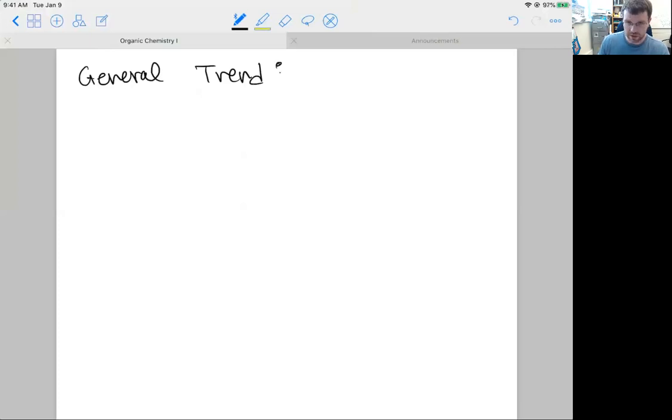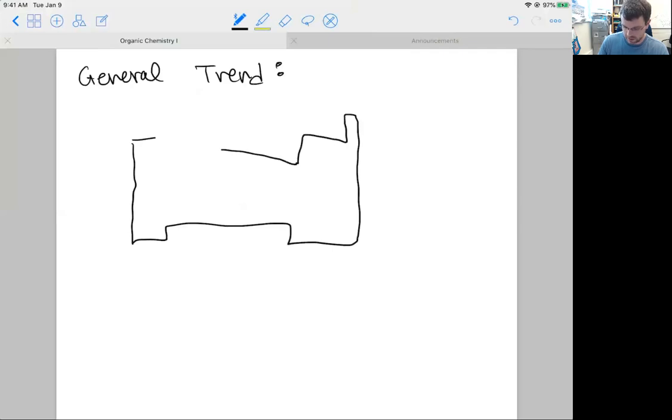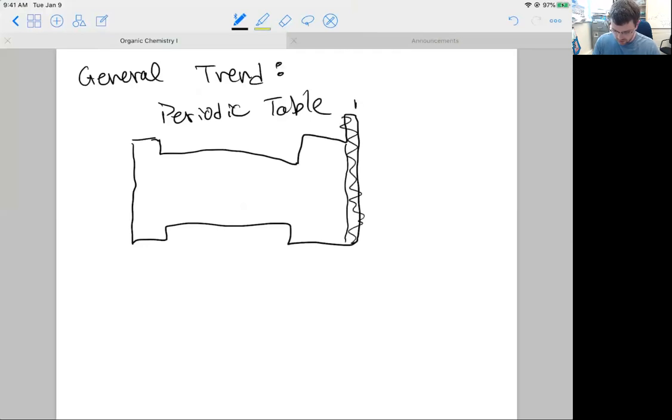So here's the general trend, though, that many people have seen. Let's imagine I draw the periodic table. Okay, so this is a periodic table. The periodic table has periodic trends, that is, things that you can sort of predict without knowing much more about the chemistry of the individual elements. What I'm going to first do is cross off the noble elements.